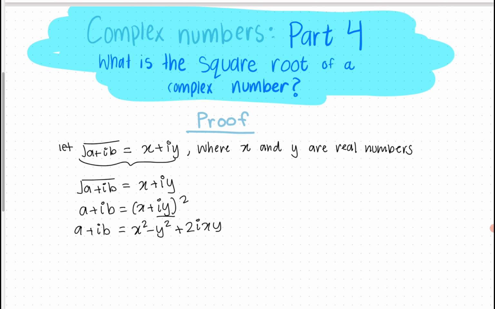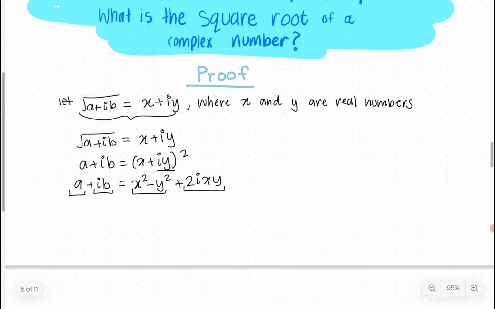Okay, now we see somewhat of a relationship. There's an imaginary part here and an imaginary part here, and this is the real part and this is the real part. Let's set the real parts and the imaginary parts equal to each other.